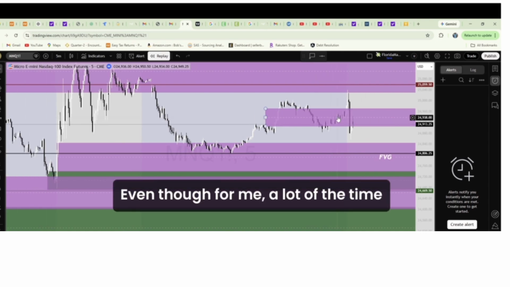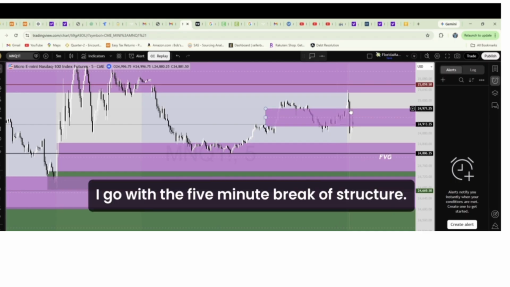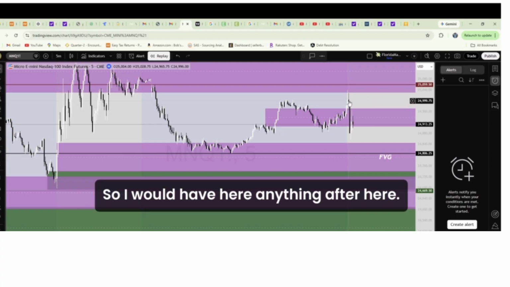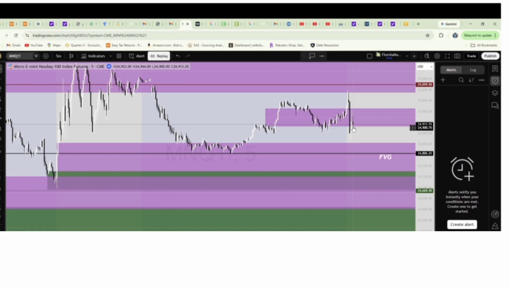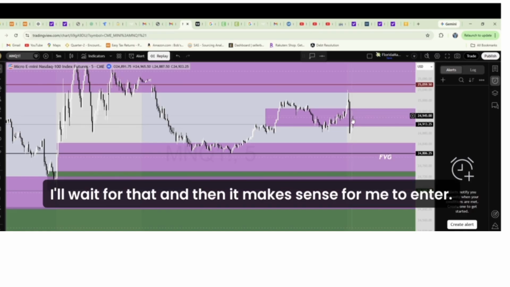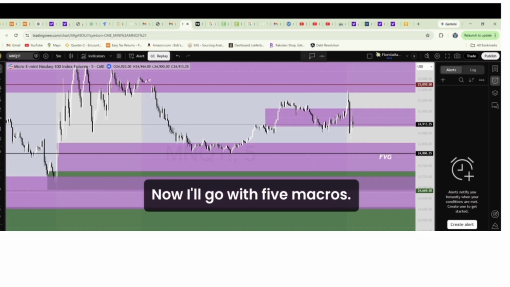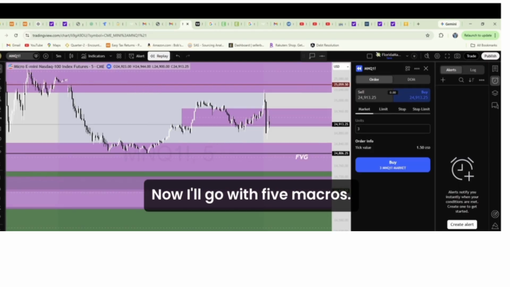Even though for me, a lot of the time, I go with the 5-minute break of structure. So I would have here, anything after here. But since this came out, I'll wait for that, and then it makes sense for me to enter now. I'll go with 5 micros.